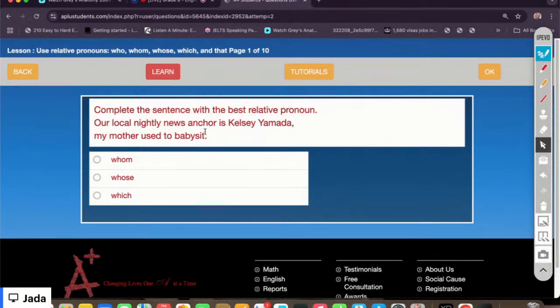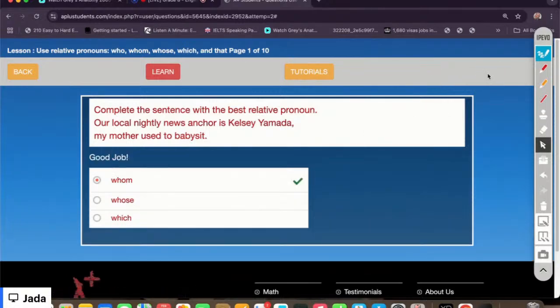Our local nightly news anchor Kelsey, your mother, dash my mother used to babysit. So which one? Whom or whose or which? So it's going to be whom my mother used to babysit. So you can say my mother used to babysit her, object pronoun. Okay?